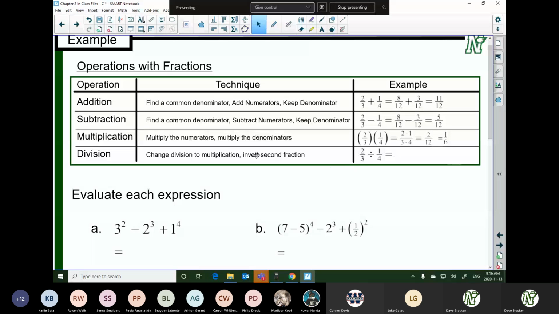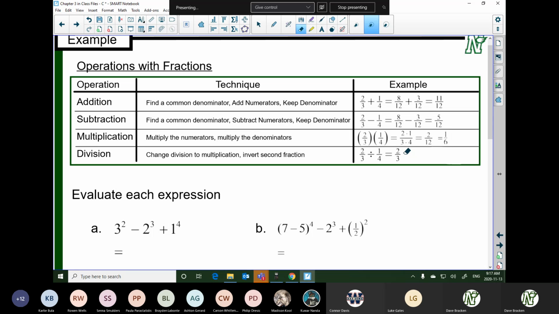And lastly, with division, when you have 2 fractions that are being divided, which is very, very rare in real life, believe it or not, it's hard to find a real life example that you divide 2 fractions, but we do need to know how to do it. The nice part is we don't have a whole new set of rules for division. We just go back to what we know with multiplication. You take your first fraction and keep it.